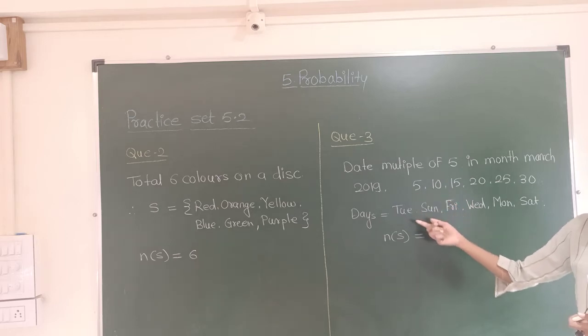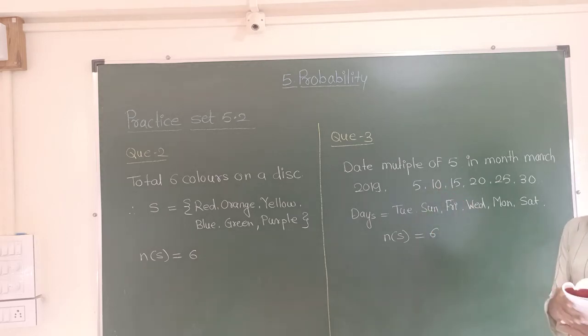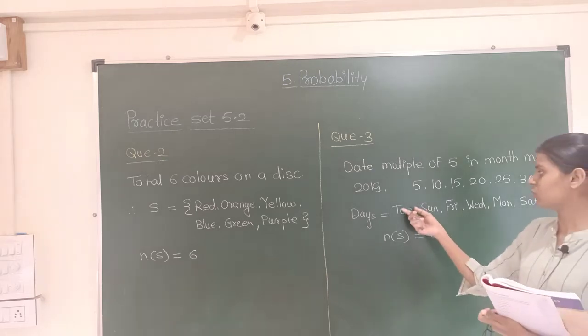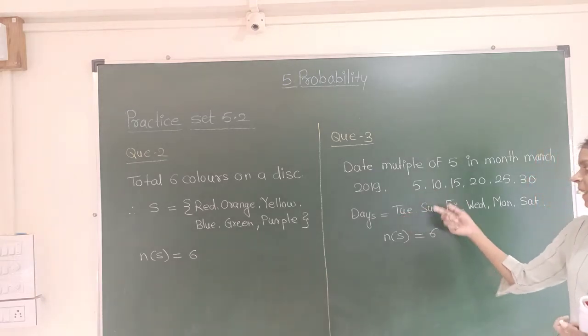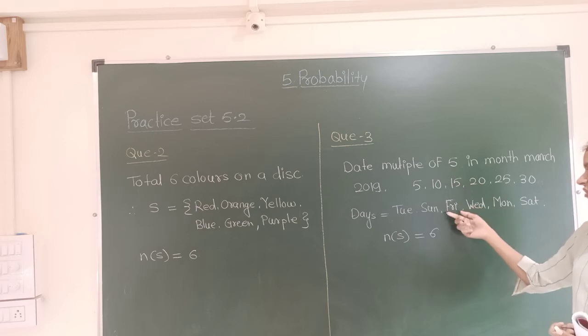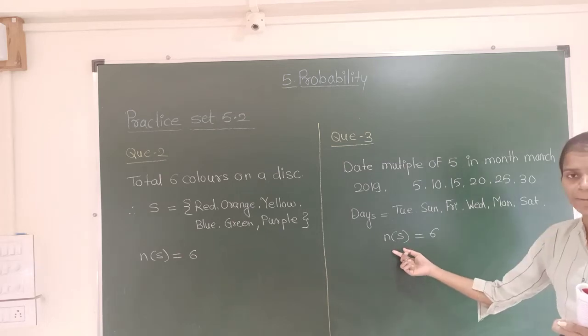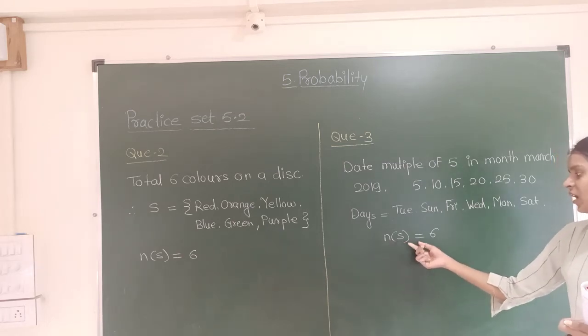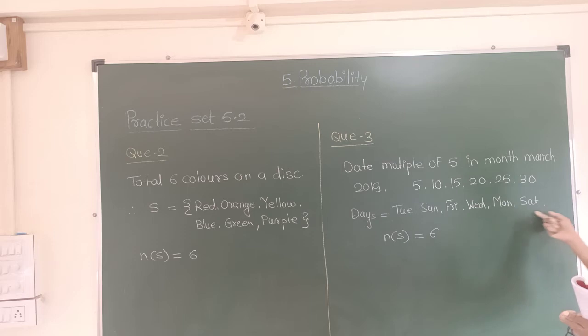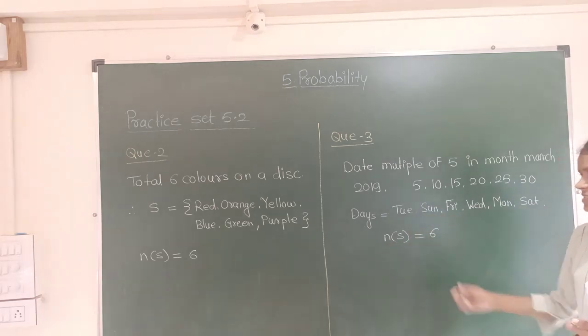Now we have to just write the days of these dates by looking in the calendar given in our textbook. For 5 it is Tuesday, on 10 it is Sunday, on 15 it is Friday, 20 Wednesday, 25 Monday and 30 Saturday. Now we have to write the number of sample points. n(S) is equal to how many elements are there, total 6. So n(S) is equal to 6.